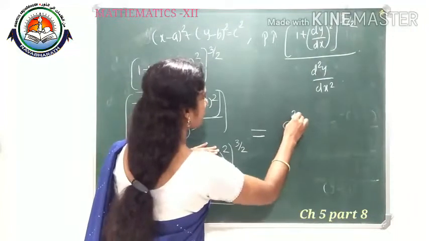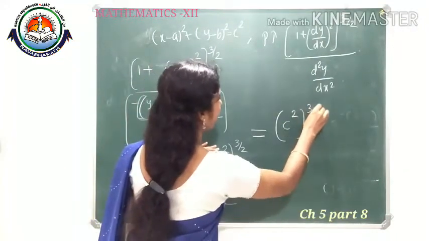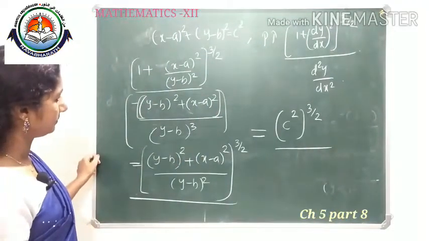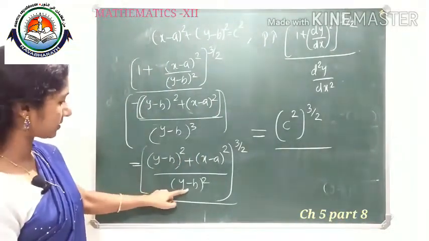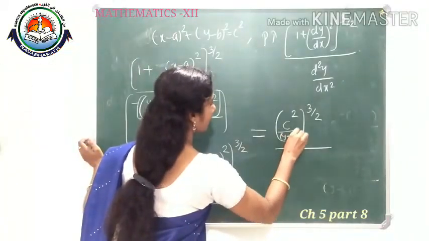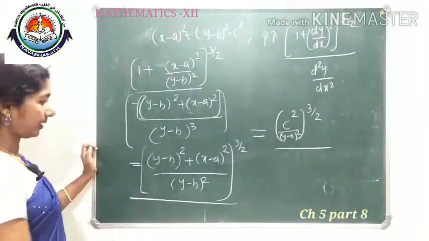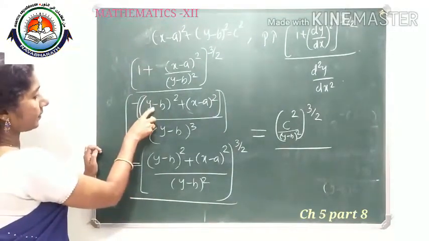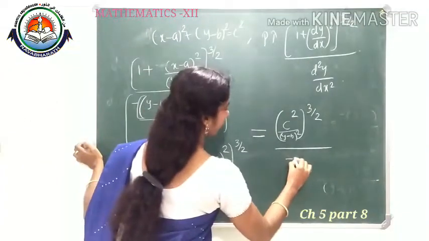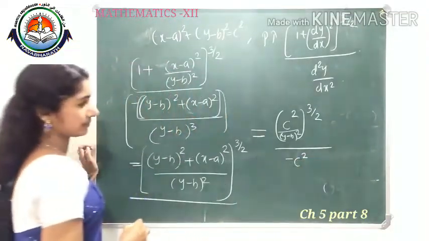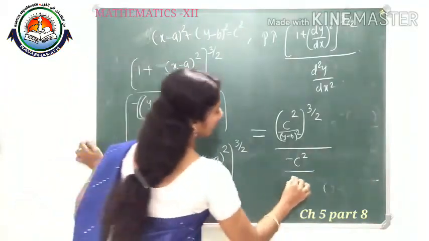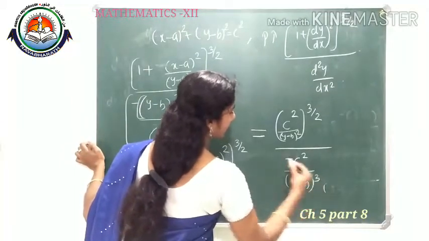So the numerator will come c square raised to 3 by 2 divided by (y minus b) whole square. The denominator will come minus c square divided by (y minus b) whole cube.